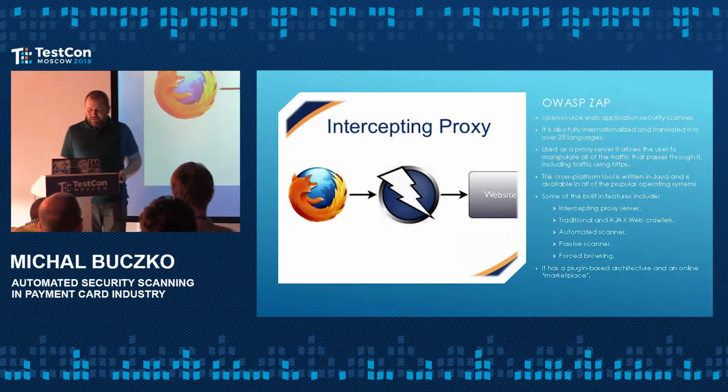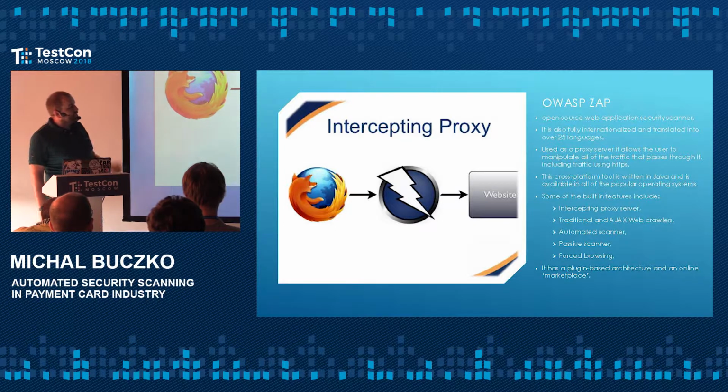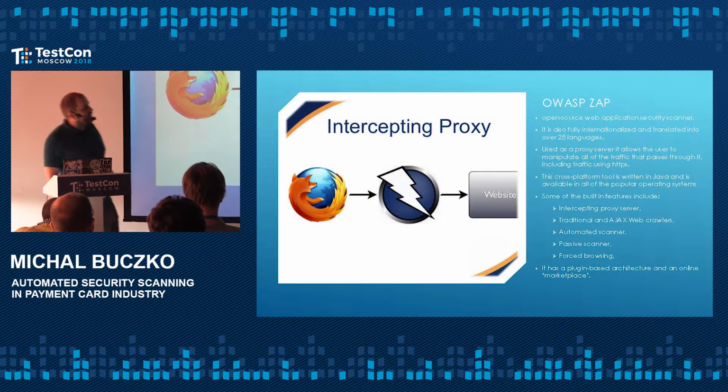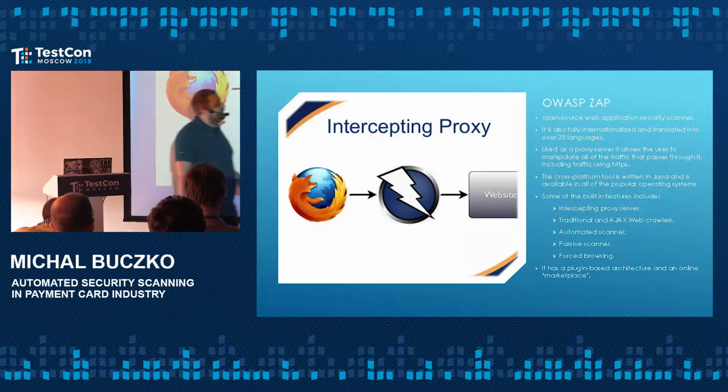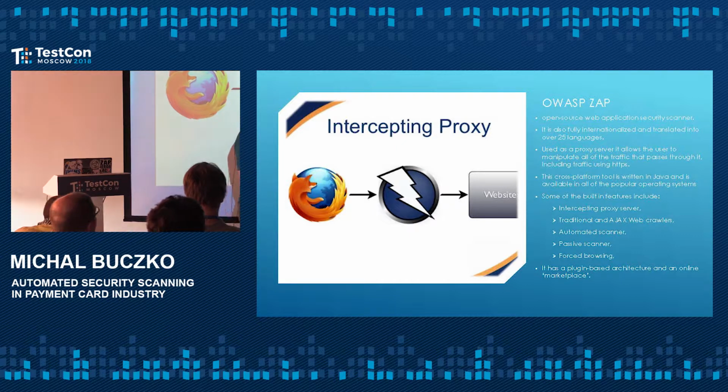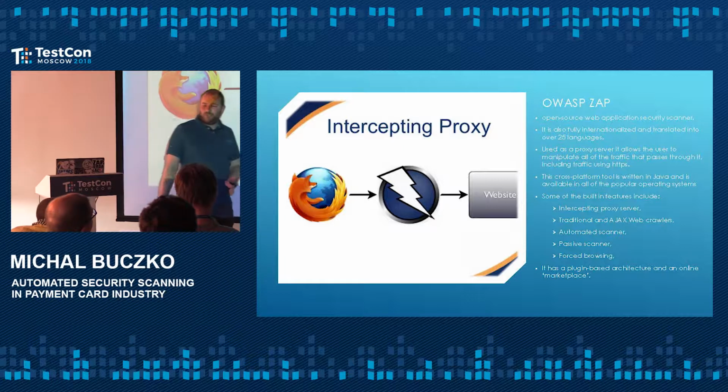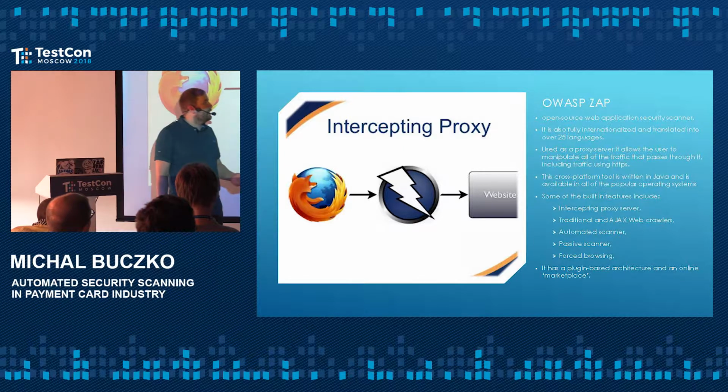So going through the basic information about it, it's open source and it's free to use. It has over 25 different languages that can be used in whatever language you need to. It's translated to Polish, English, Russian, German, most modern languages.